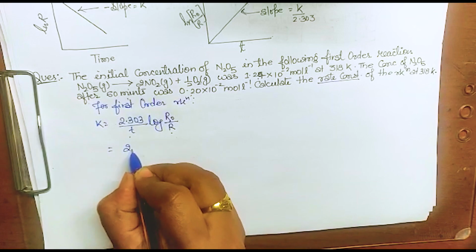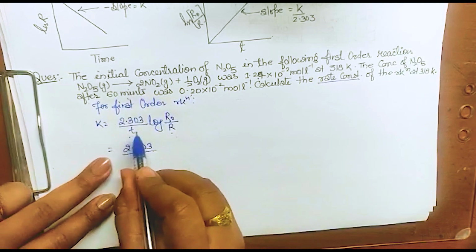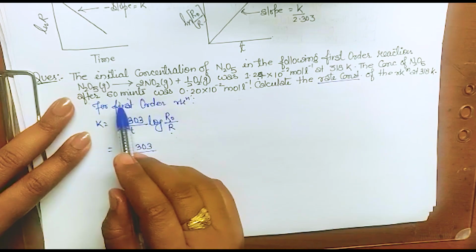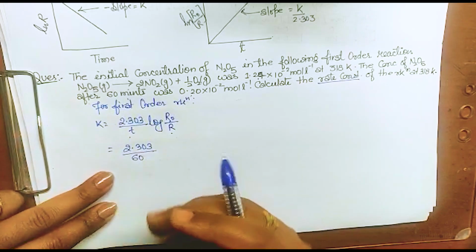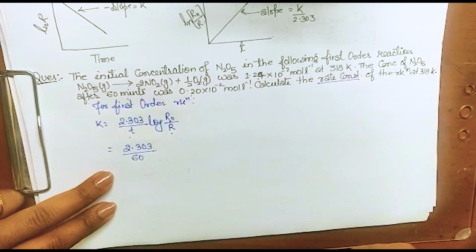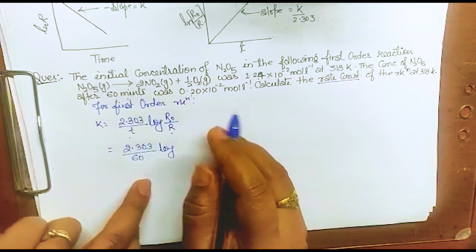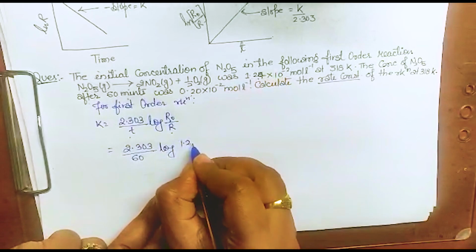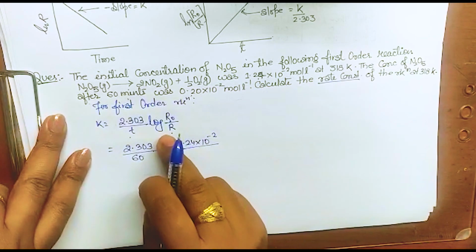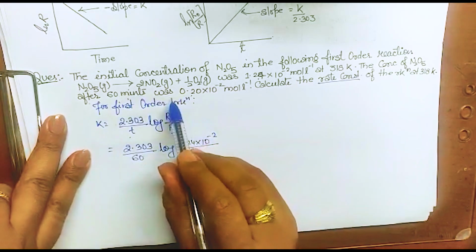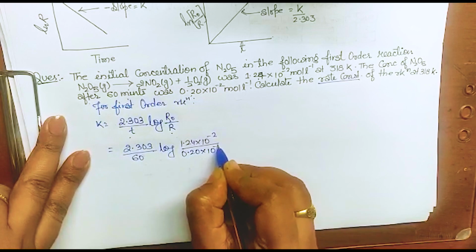So if I put 2.303 upon T, which is given as 60 minutes, and since nothing is said, we will keep it in minutes only. Log initial upon left concentration. The initial is 1.24 into 10 to the power minus 2 upon the left concentration, 0.20 into 10 to the power minus 2 mole per liter.